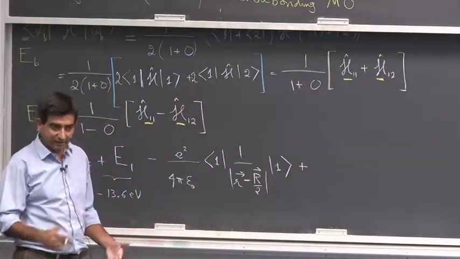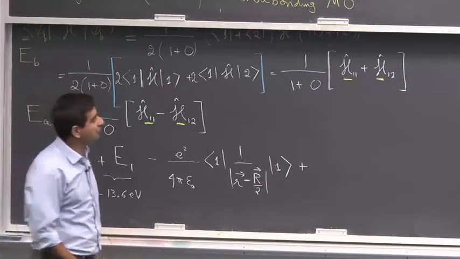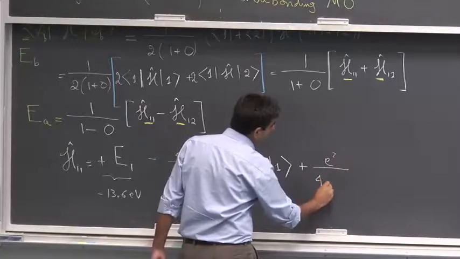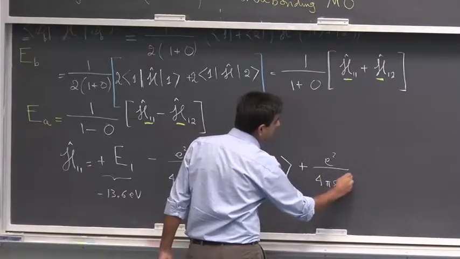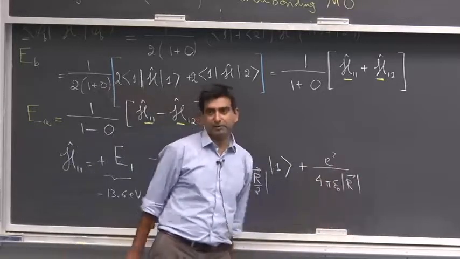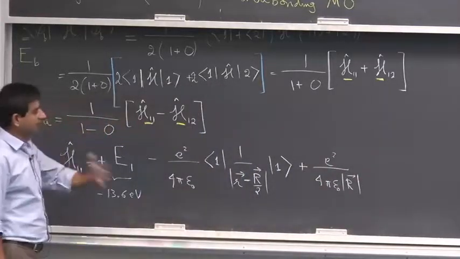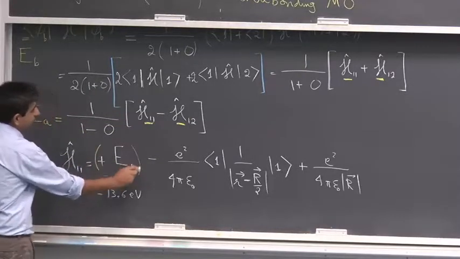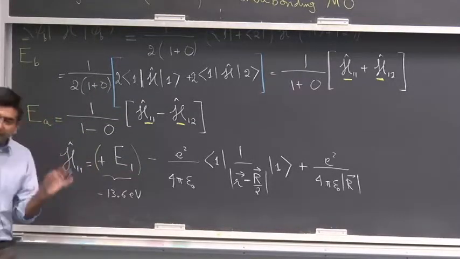We are expressing in terms of small r, so capital R is a constant. So the last term is just e squared over 4 pi epsilon naught R, ket 1 with itself. Ket 1 is normalized, so I could have 1 here. So this is my H11. Now this term is just the ground state energy of a single electron with a single nucleus.